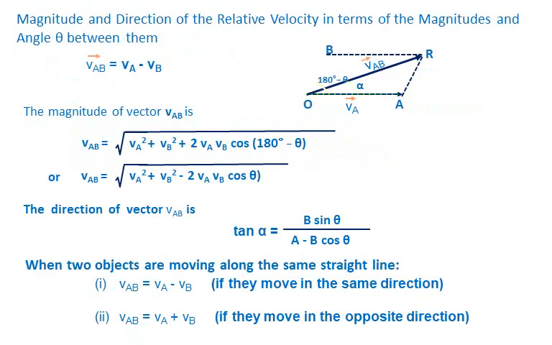The magnitude and direction of relative velocity in terms of magnitudes and the angle between them.